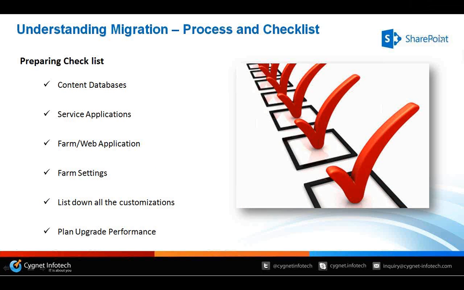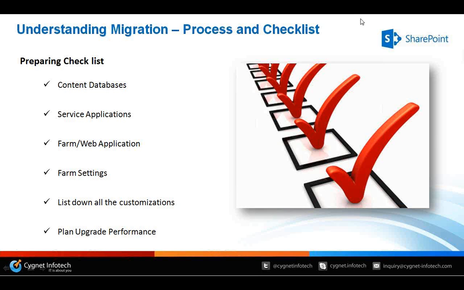Now next, coming to preparing the checklist. First of all, you have to look after your content databases. You have to maintain their names, and an important point is that you have to understand and note all the changes for the content databases.